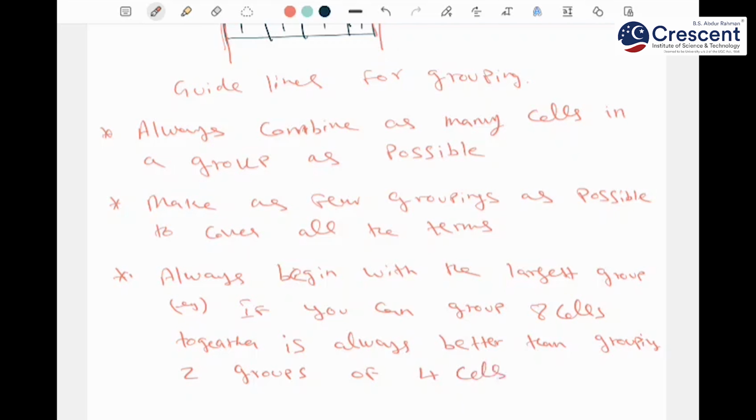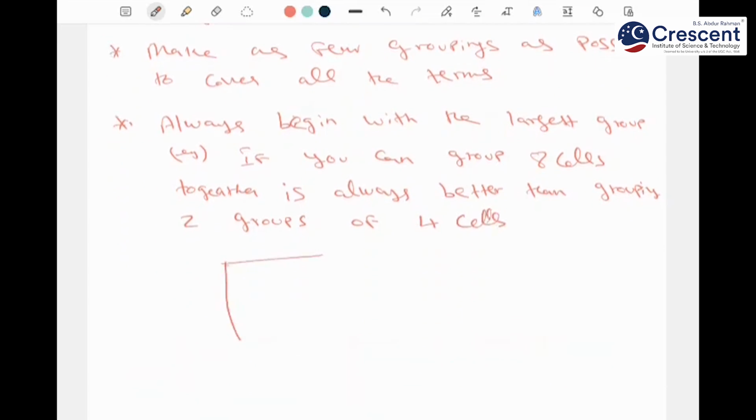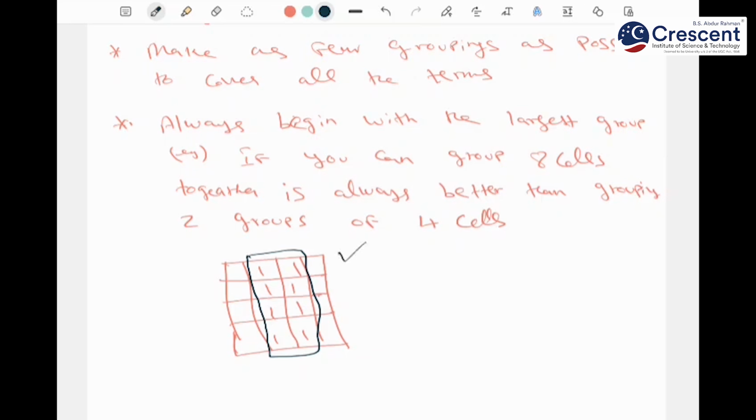That is, if you have an option like this, you should give preference to making this together as a group. This is correct, but you should not group something like this.